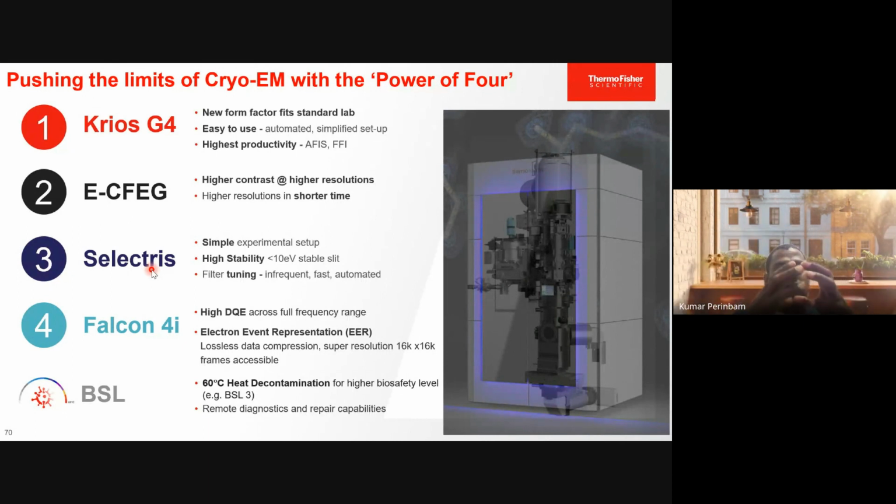You get a diffracted, incoherent beam of electrons, and before it falls on the detector, we need to select a specific energy, because if you take all kinds of energy you get very blurry images with high noise. The selectris filters out unwanted electrons, those with energy loss of more than 10 electron volts, so you get images with a very high signal to noise ratio.